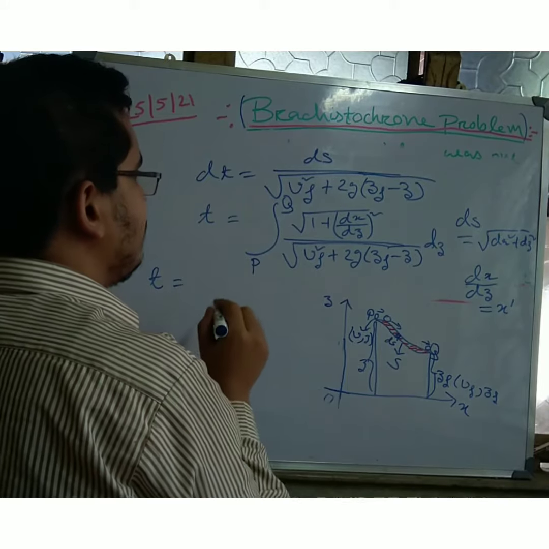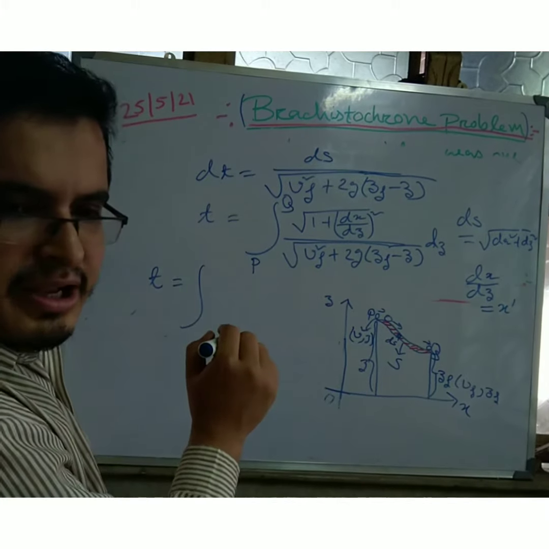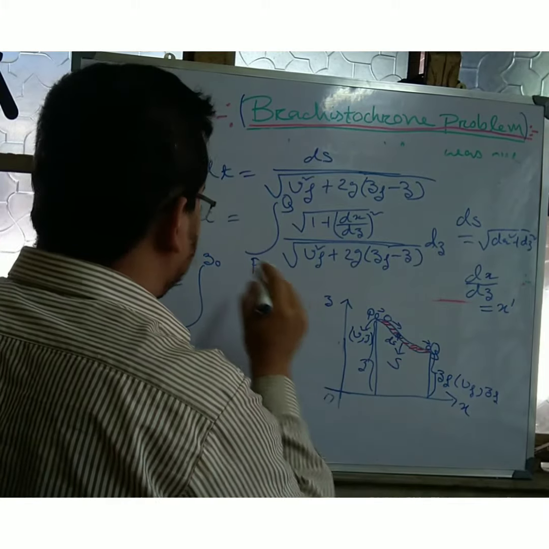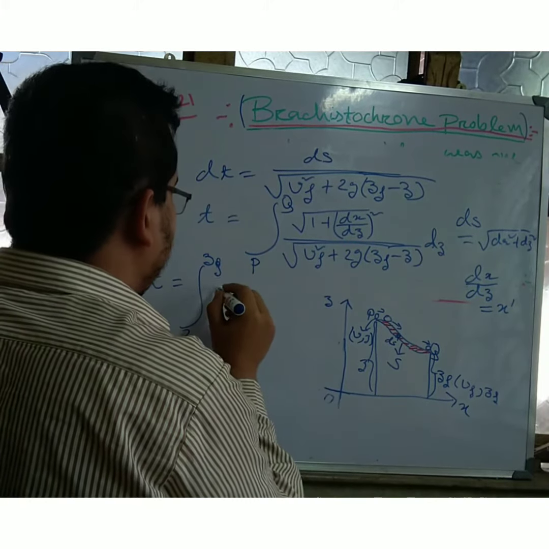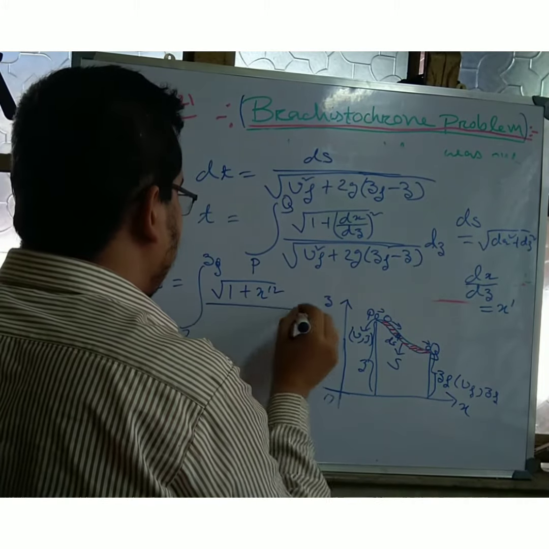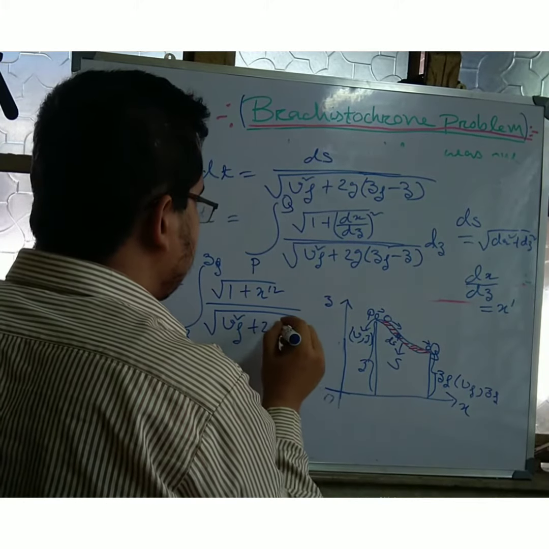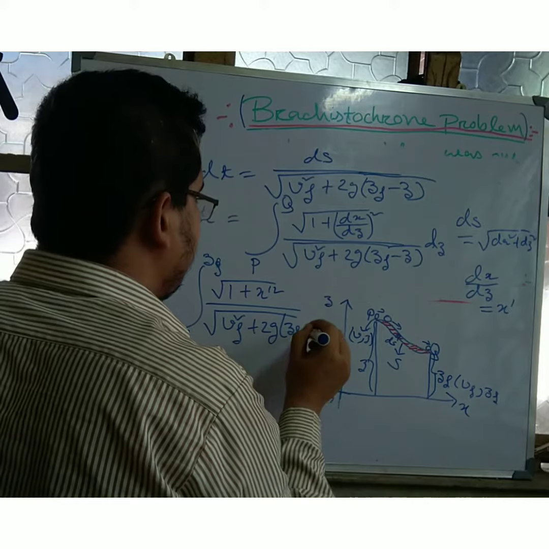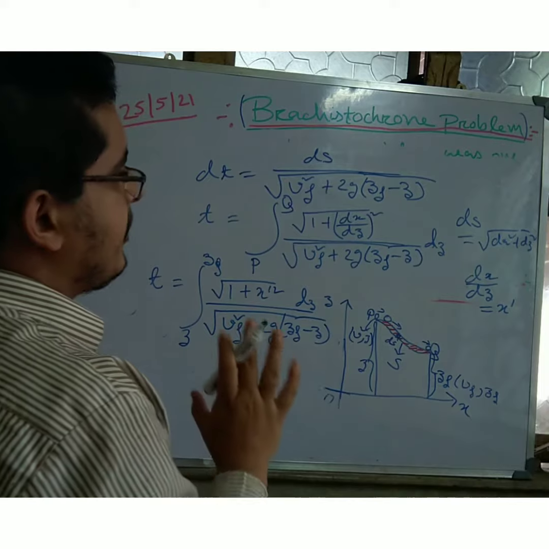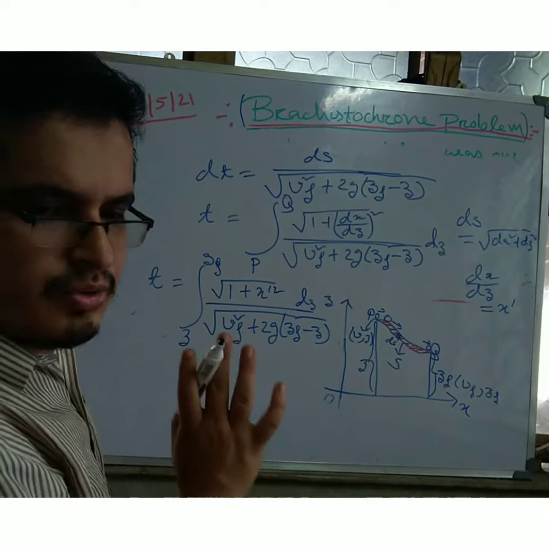So friends, t is equal to the integral from z0 to zf of root over 1 plus x dash whole square divided by root over v square f plus 2g into zf minus j, dz. T is equal to this formula.